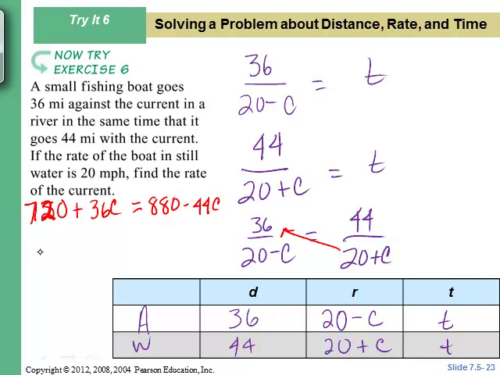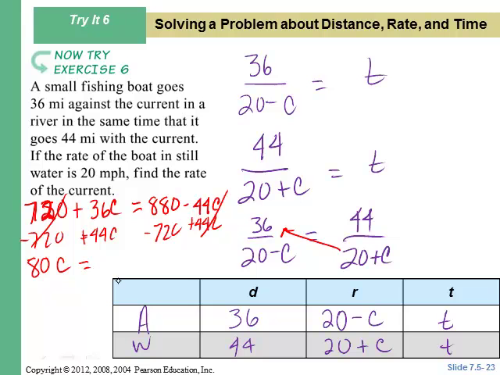Okay. Let's add c to both sides. And let's subtract 720 from each side. And get 80c equals 160.